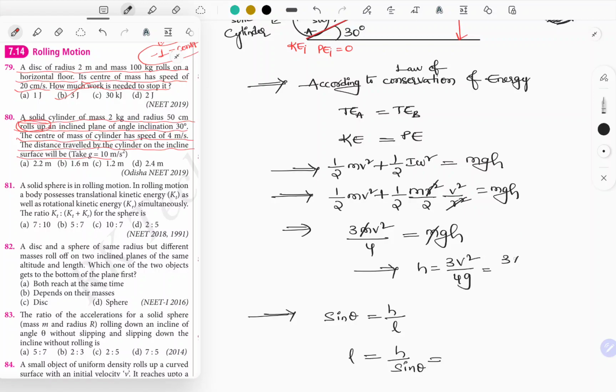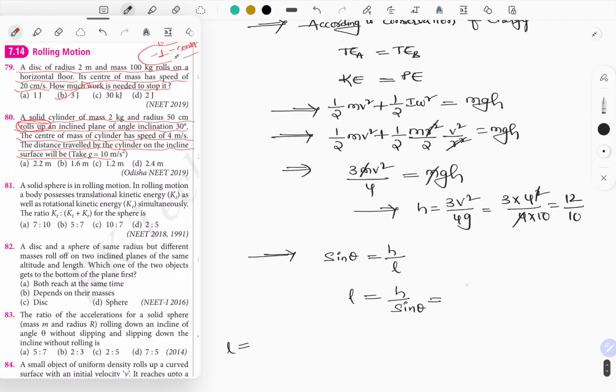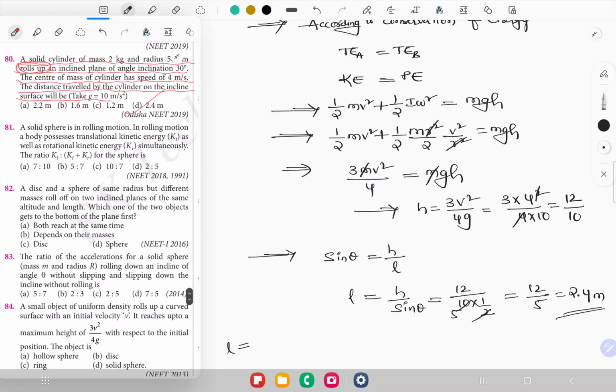So it is 3, v² is 4 squared, divided by 40, which is 4 into 10. So 4 will get cancelled. It is going to be 12 by 10. So h is 12 by 10, into sine theta which is 1 by 2. So 12 by 5 is the answer. It is going to be 2.4 meter. So which option matches? Option C is the correct answer.